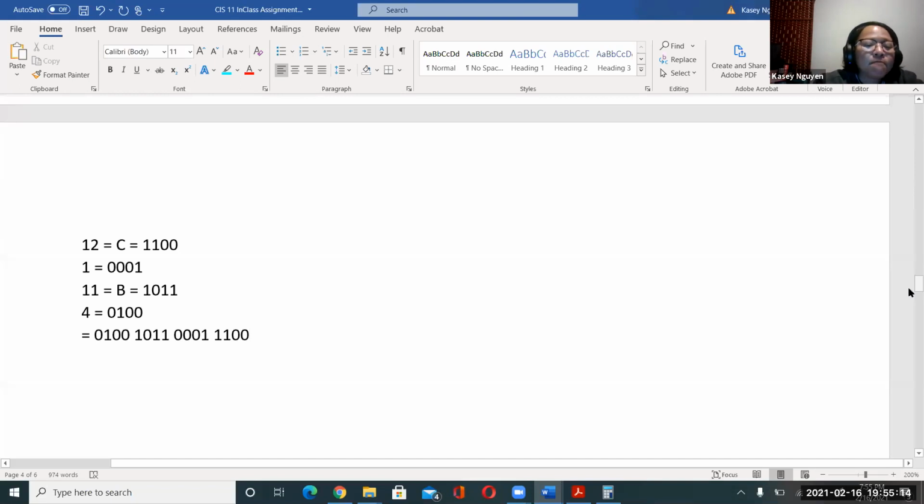And what it does is it chunks it. So when you go from hexadecimal to binary, take each digit in hexadecimal and treat it as 4 bits in binary, and then just convert it. Any questions?